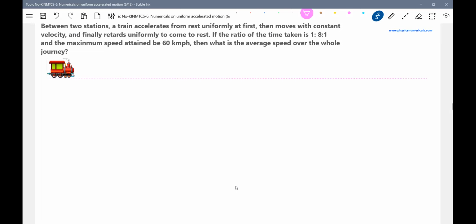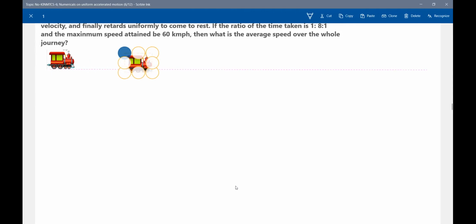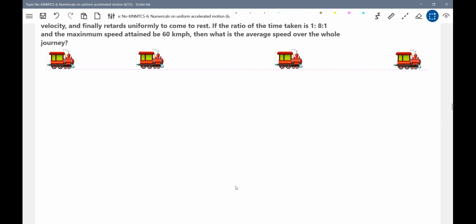So first what happens? It will accelerate from rest. The train will have accelerated motion, similar to the previous problem we discussed, that was a car. It will accelerate, then uniform velocity, then finally it will come to rest here.